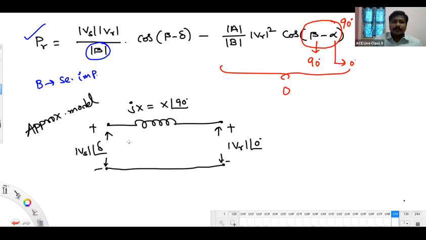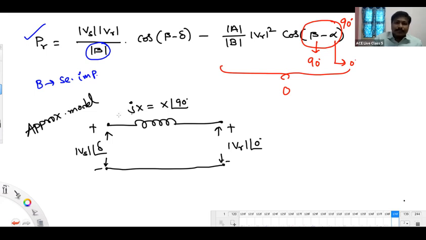Okay. So now simply what you do is, you find out the ABCD parameters of this. Simply substitute these ABCD into the power equations so that we can get the approximate real power and reactive power expressions. What are the ABCD of this model?